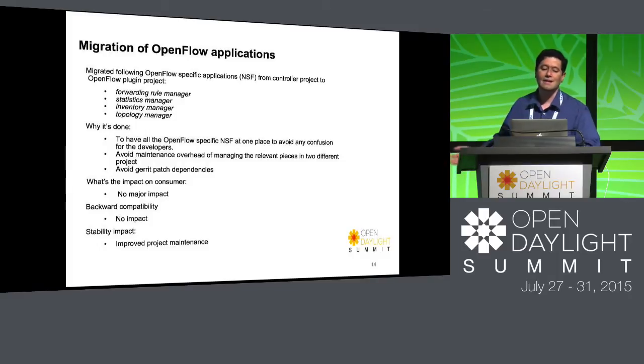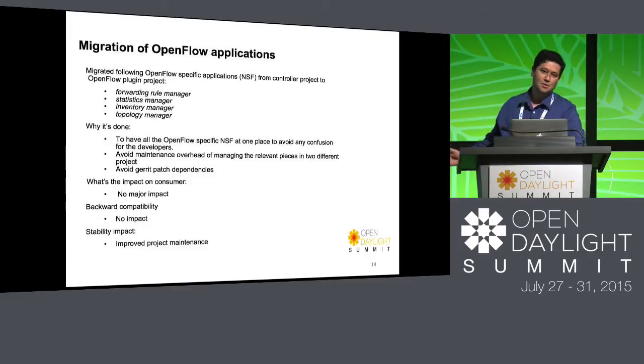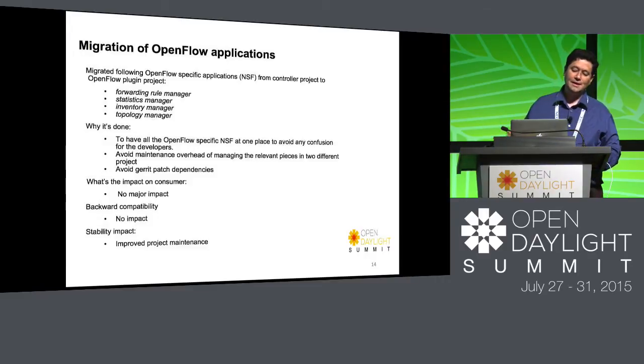So the idea was to have all of these OpenFlow specific NSFs in a single place to avoid confusion for the developers and make maintenance easier, because otherwise there would sometimes be issues with a patch being put into the controller but not in the plugin, or out of sync issues for a little amount of time. So there is no major impact for the consumer, but it improves project maintenance.